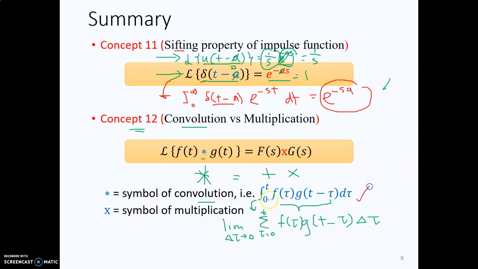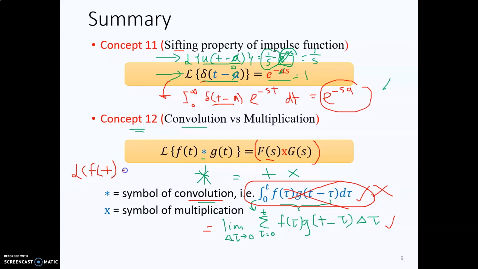Performing the integration using the convolution is time consuming. If we don't want to perform this, we can take the Laplace transform for f(t), then you can easily get F(s).